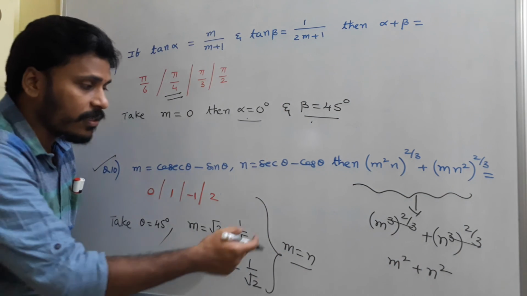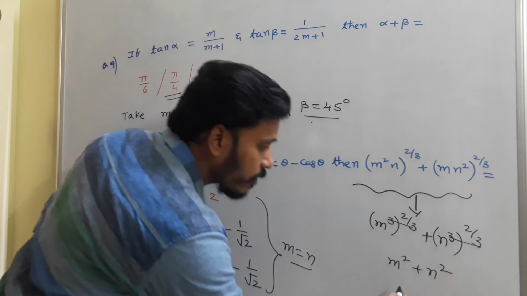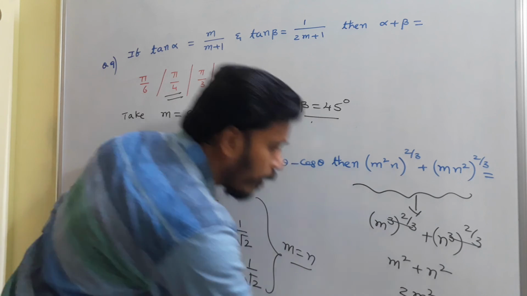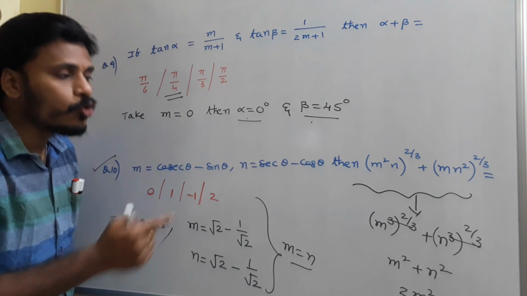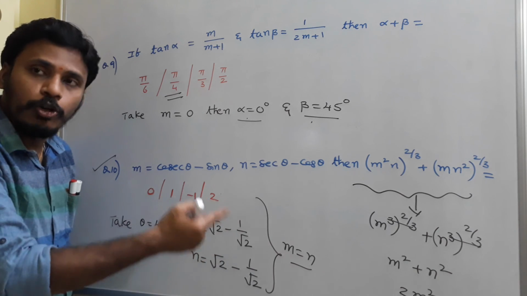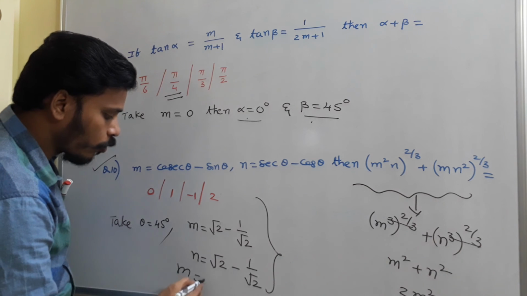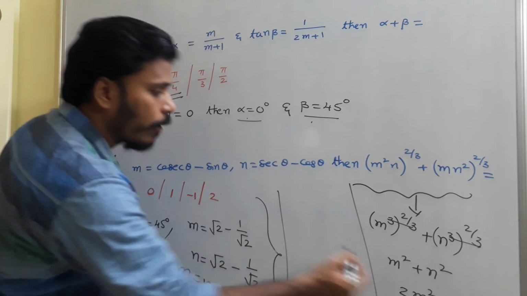As we discussed, this m and n are equal if theta is 45 degrees. So m square plus n square is simply nothing but 2m square. Since that is 2m square, because m and n are equal, you need to calculate its square and multiply with 2. That's the second part. Here we have that m equals n, and now I need to find the 2m square value.